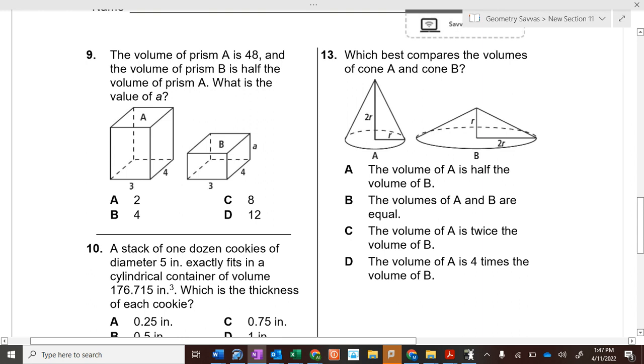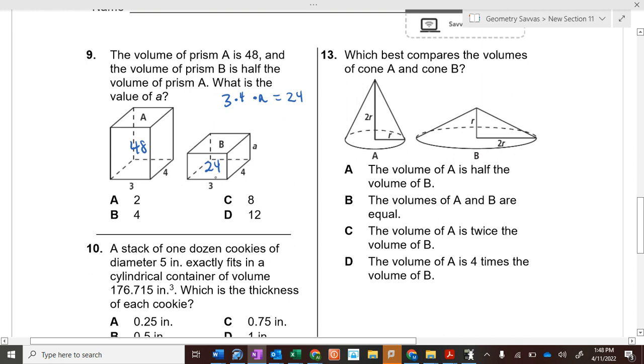Okay? The volume of prism A is 48. The volume of prism B is half the volume of prism A. What is the value of A? Well, if this is 48, what's the volume of this one? 24. So 3 times 4 times A equals 24.